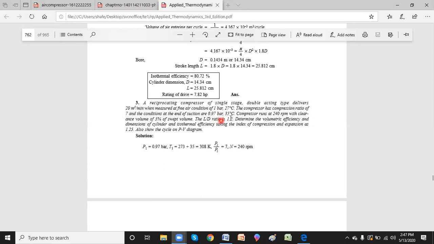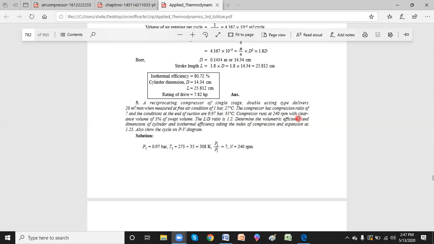The free air delivered conditions are different from the suction conditions. Point 1 is at 0.97 bar and 35 degrees centigrade. And the compressor runs at 240 RPM.